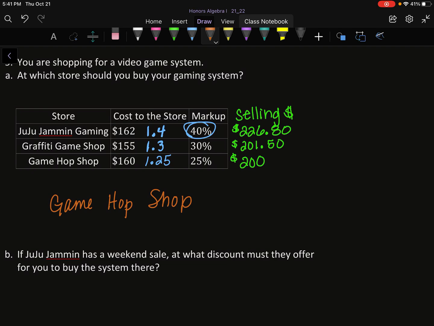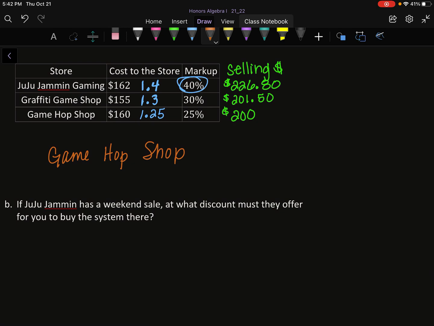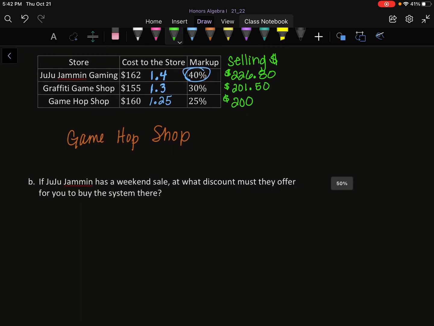If Juju Jammin has a weekend sale, which discount must they offer you to buy the system there? Basically we want it to be $200, because the lowest one is 200. There's a couple of ways I can do this.